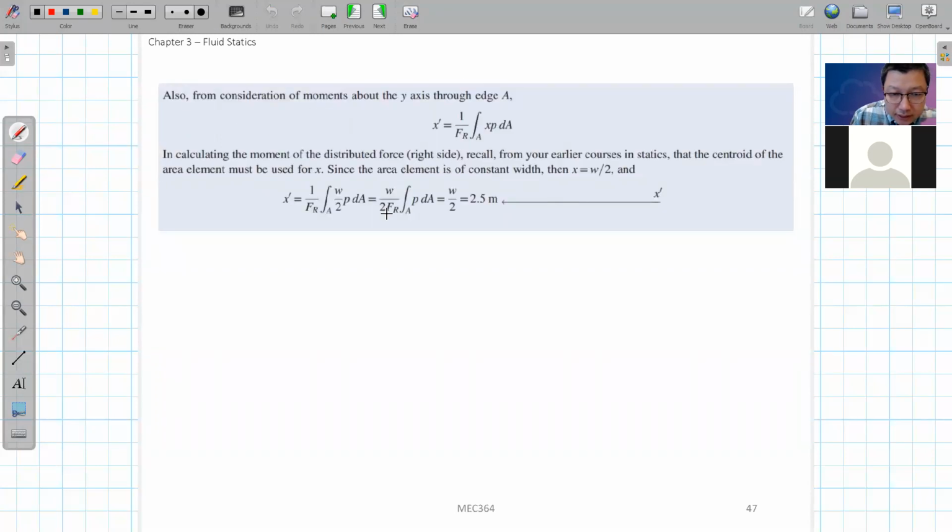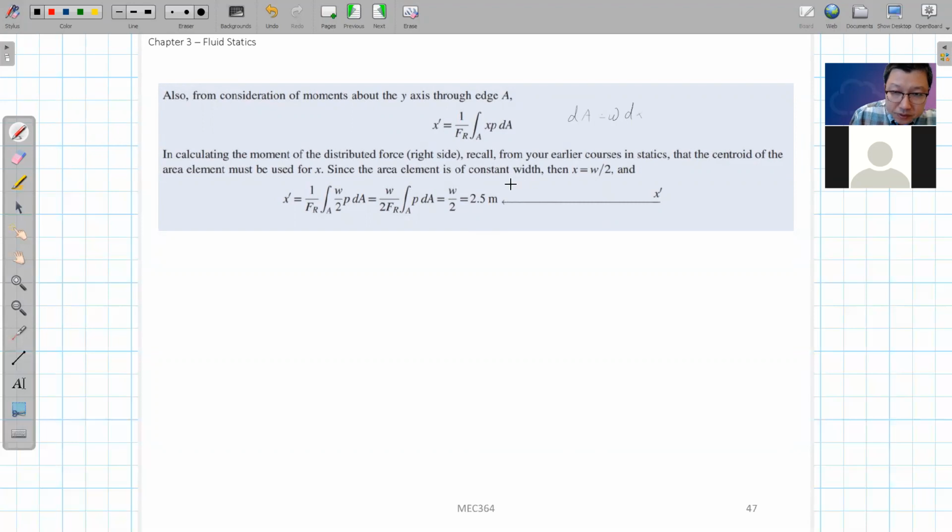You put these inside the integration, and this dA, because now you integrate on x, will be w times dx. So in this case dA will be w times dx.